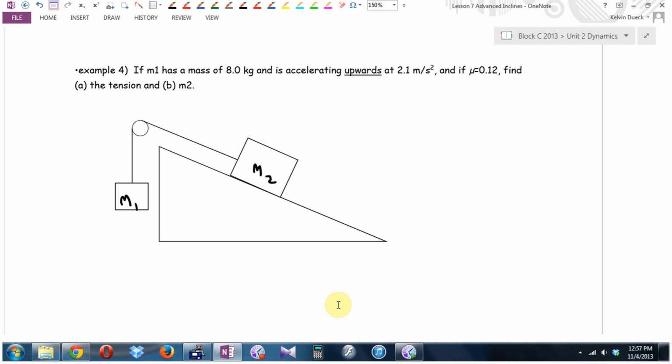Guess. Free body diagram. M1G, tension. M2G.